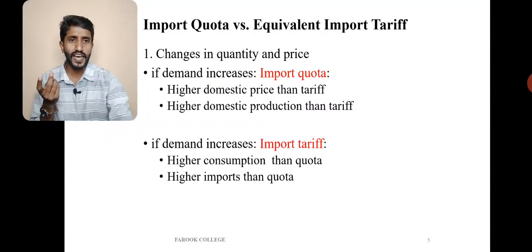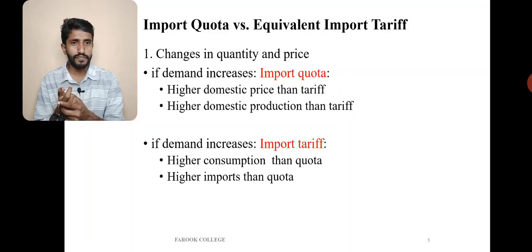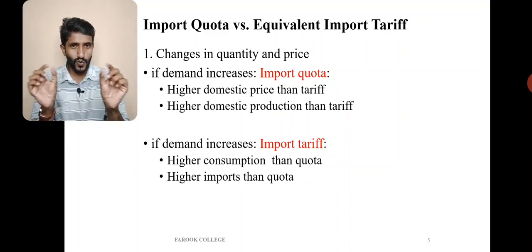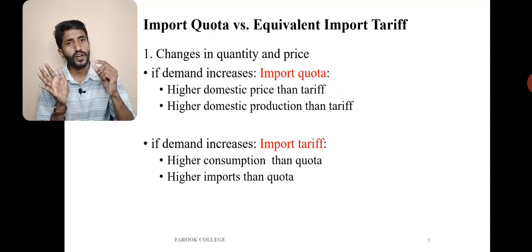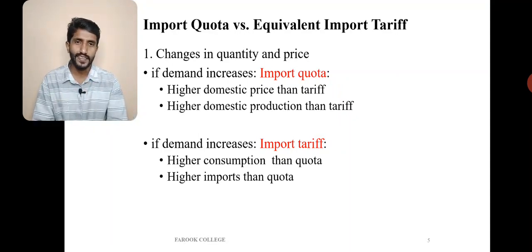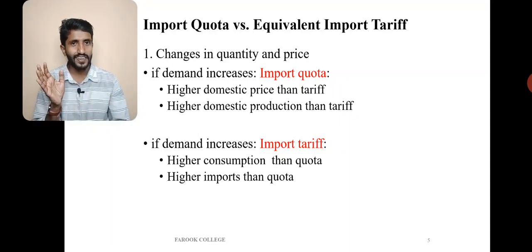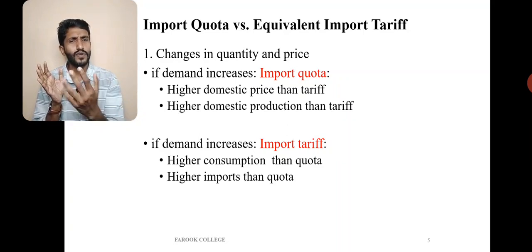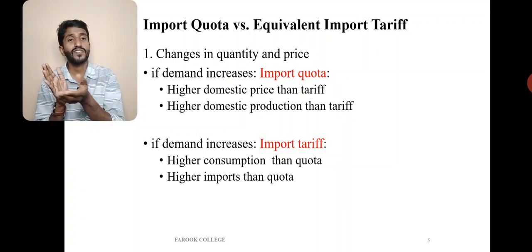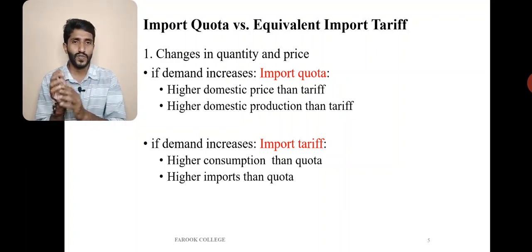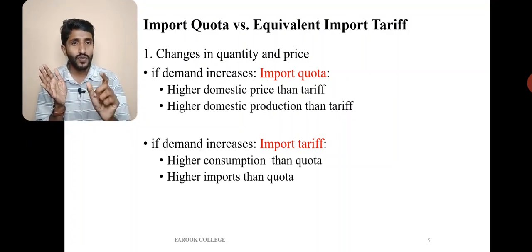Then what about the tariff? If it is tariff, there will be higher consumption than quota, because there is no quantitative restriction here. In the tariff the government is only imposing some tax, but if the people are ready, they will pay high prices and import the products, and the consumption will increase more than with quota, because the government has not made any quantitative restrictions.